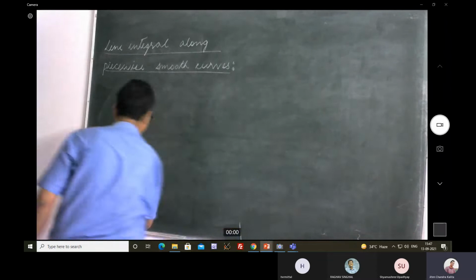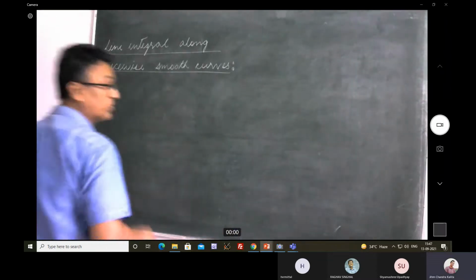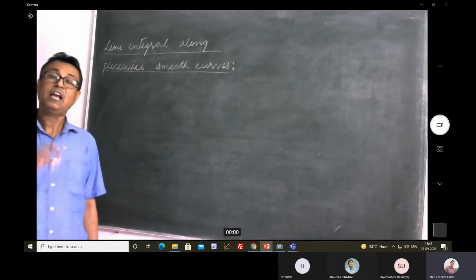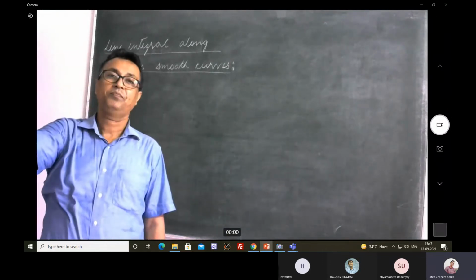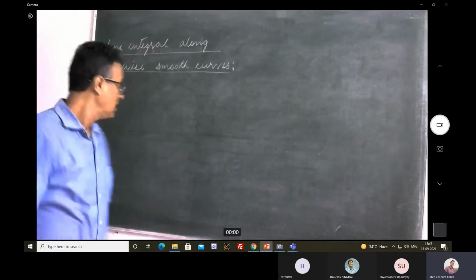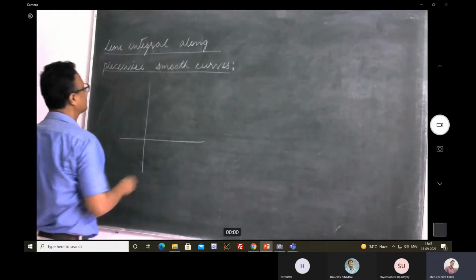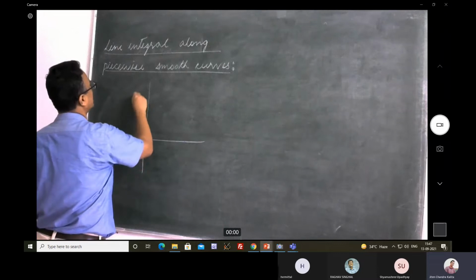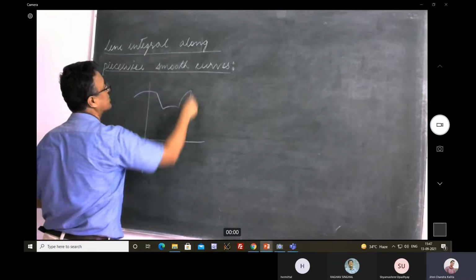Earlier we had assumed that the curve C along which we were performing the line integral was completely smooth. But we may assume that the curve is piecewise smooth.